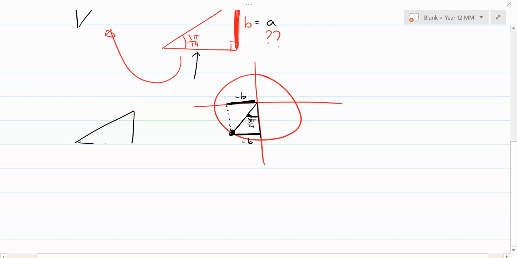Remember, this is your triangle, 5 pi on 14, and this was B. Now, the only way to rotate it is if I rotate it this way, you'll see that I'll get this shape. So if you can sort of picture rotating triangles, this is still B here, but the only way to get B on the other side is if I flip it. So I flip it, and this is now 5 pi on 14, and this is B.